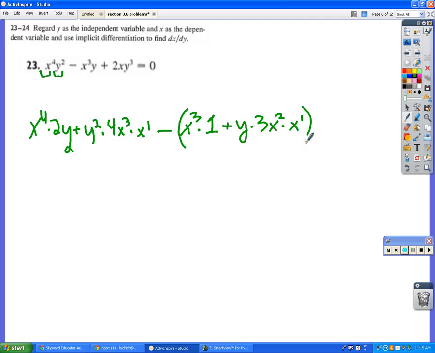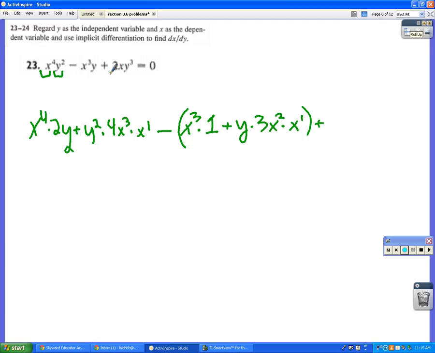Okay? Plus, product rule again here, 2x and then y cubed. So first one times the derivative of the second one is now 3y squared, plus the second one, which is y cubed, times the derivative of the first one. What's the derivative of 2x if x is our dependent variable? 2x prime.